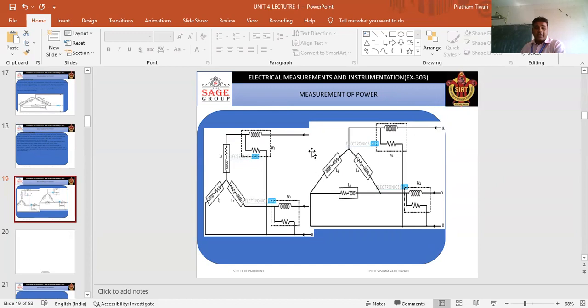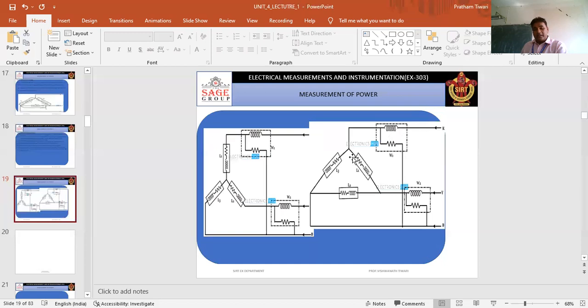Now suppose in this diagram we connect wattmeter 1 in the red phase and wattmeter 2 in the Y phase. CC of W1 is connected in series with line R, and CC of wattmeter 2 is connected with line Y, and the common of PC of W1 and PC of W2 is connected to the third line B. This diagram is called a delta connected load with W1 and W2.